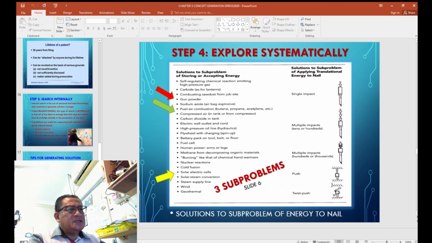Or you could have a multiple impact like this, a few punches until the nail goes in, or merely a single push, like a hydraulic system in which it pushes until the nail is fully inserted, or you could have some sort of twist push, right? So these are part of applying the kinetic energy so that the nailer could punch the nail towards the wood.